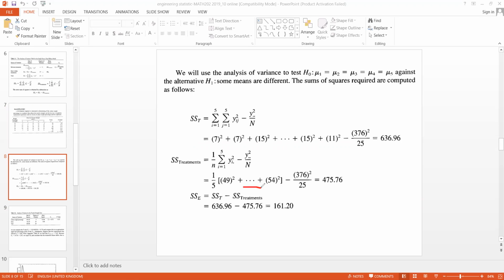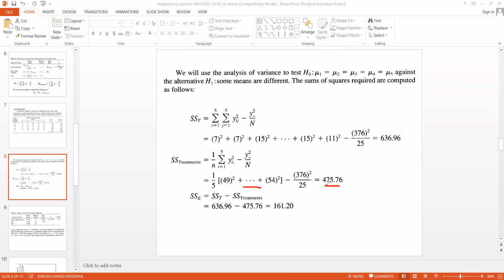Under examination conditions, you can type the first term plus the ellipsis plus the last term squared. Then minus the grand total, which is 376 squared over 25. Once you do that computation, we should get 475.76. That will be the final answer.